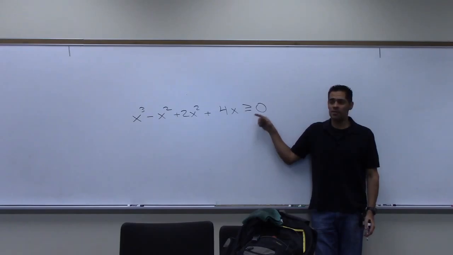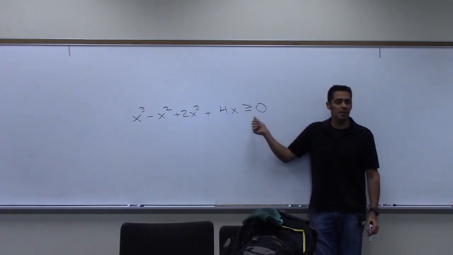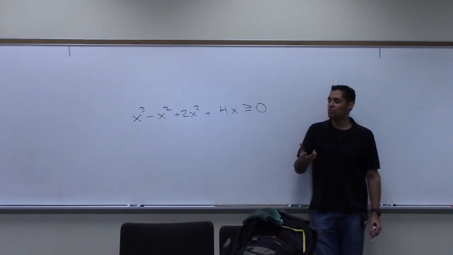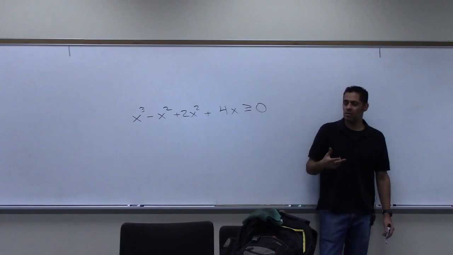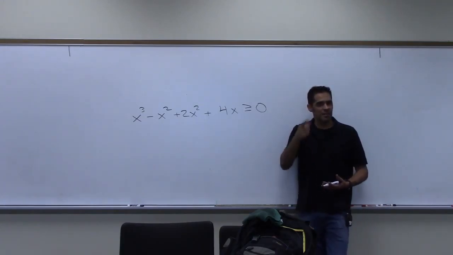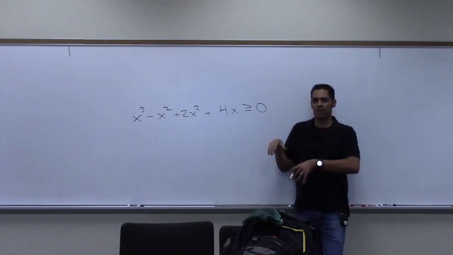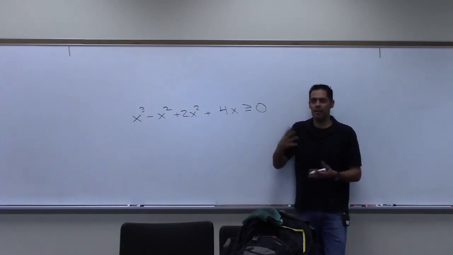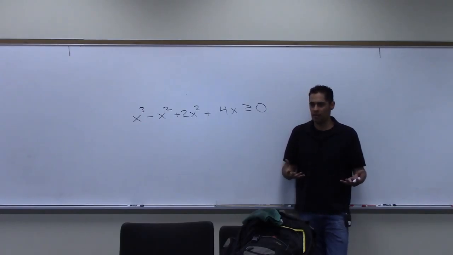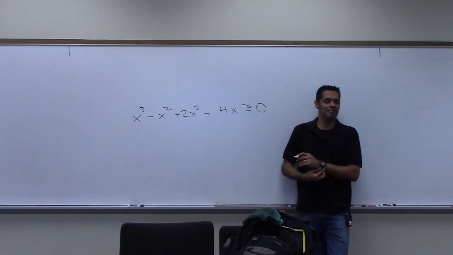The first thing we did is we set it equal to 0, and then we said if we could graph it, then I can tell you where it's above and below, right? What we're going to do now are called rational inequalities. So it's going to be an inequality with a rational expression, but these are rational functions. So if we know what the rational function looks like, then we know when it's above and below the x-axis. Same exact thing.